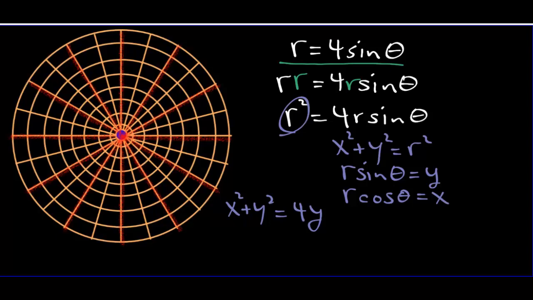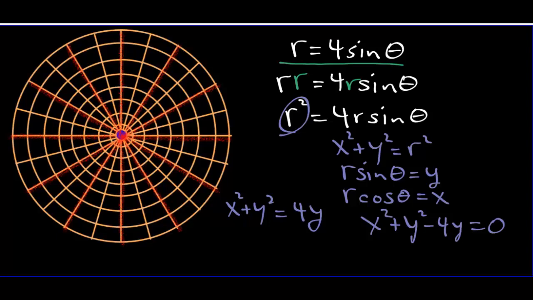And to make it even more clear, I can bring the 4y over and complete the square, and I'll have even more information about where this circle is located.